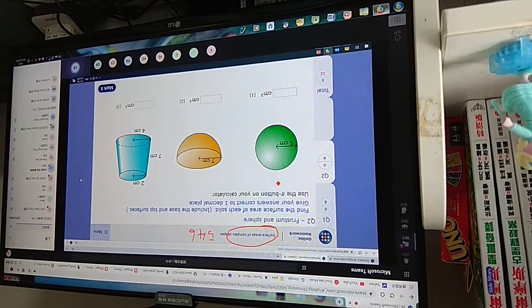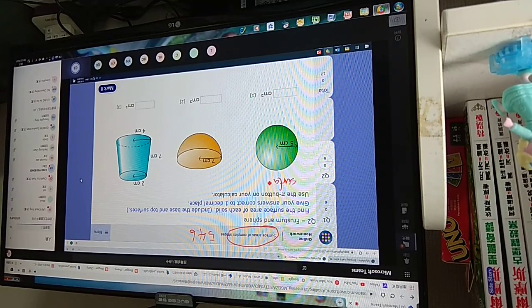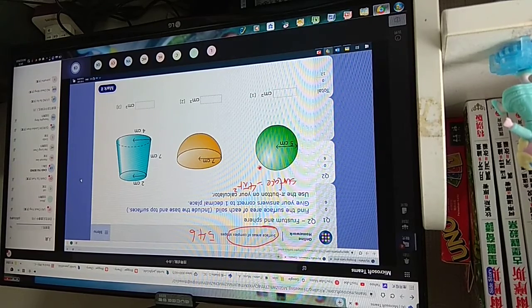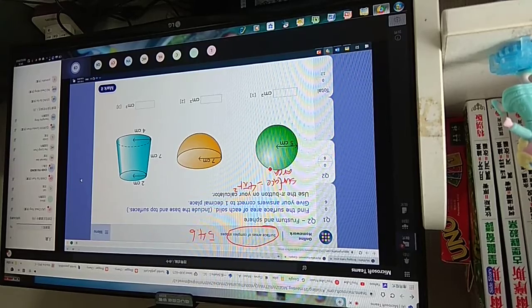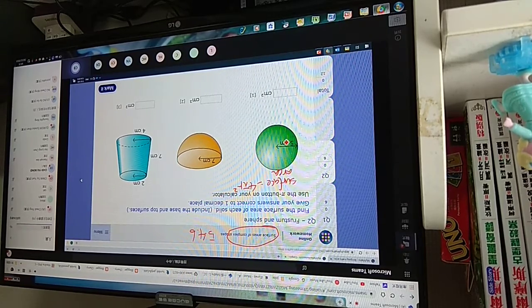And the formula will be 4 pi r squared. The surface area of a sphere is 4 pi r squared. So you can just substitute the radius 5 cm into the formula.